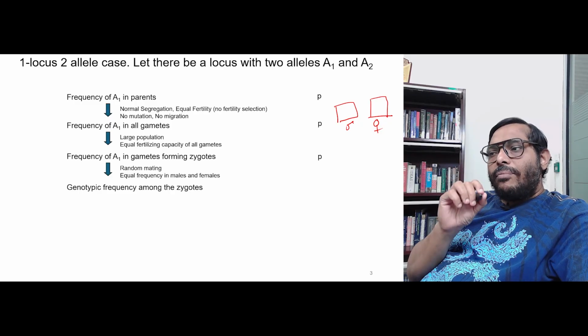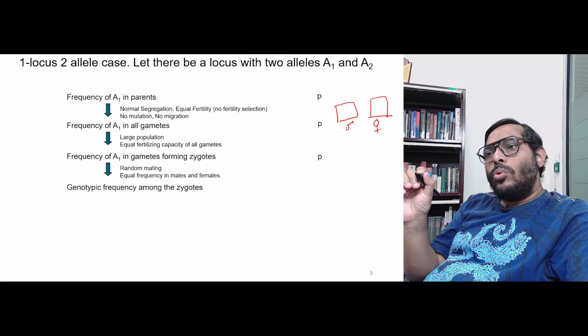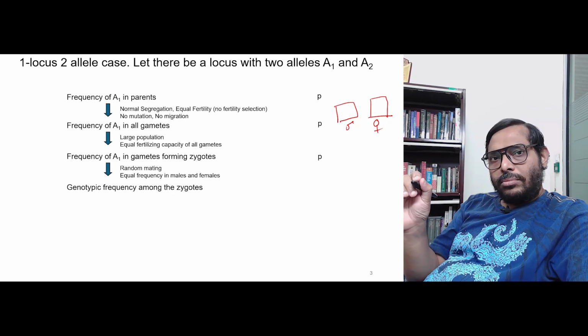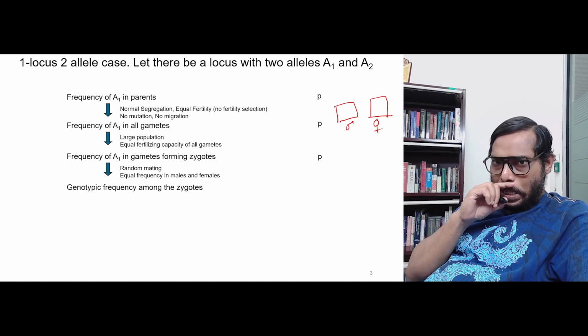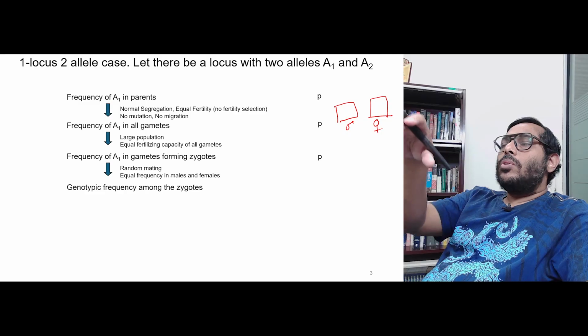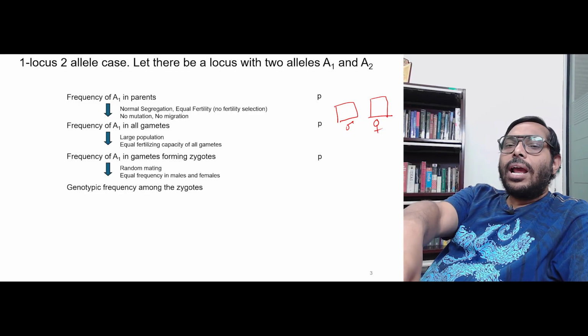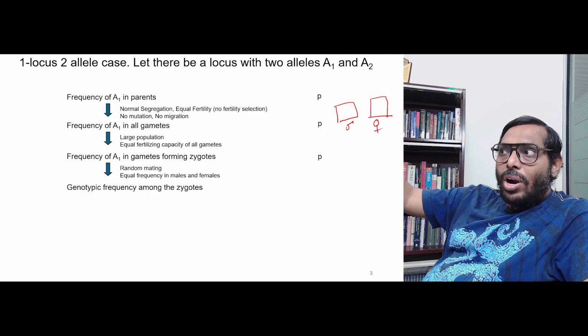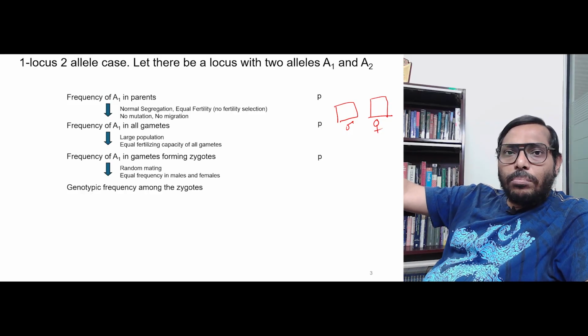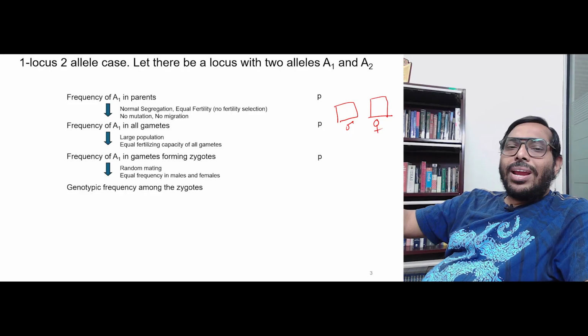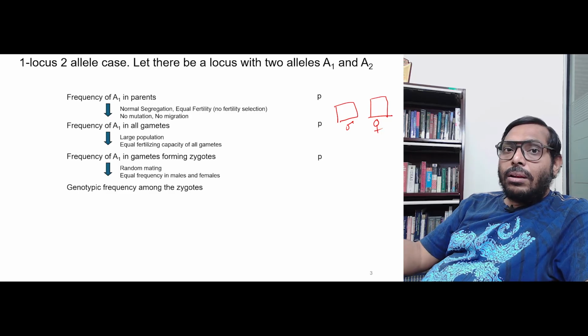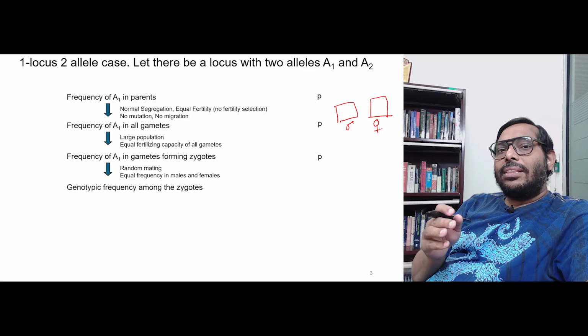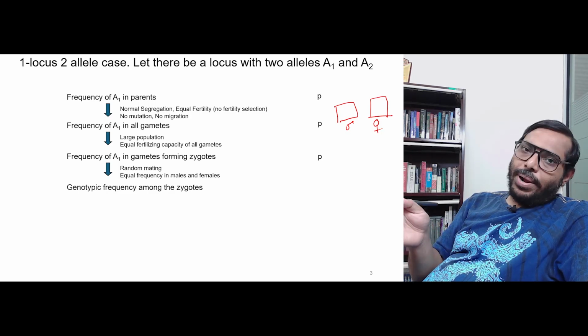Now if these two draws are independent of each other, in other words, if you have put your hand in the male bag and you have got an A1 gamete, does that affect what gamete you are going to get from the female bag? If it does not, then in the language of probability we say that the two probabilities are independent.